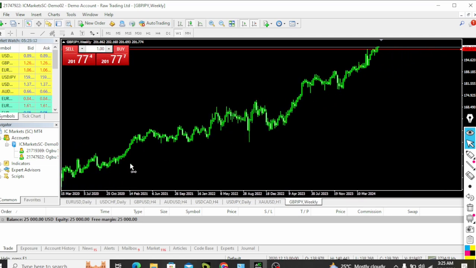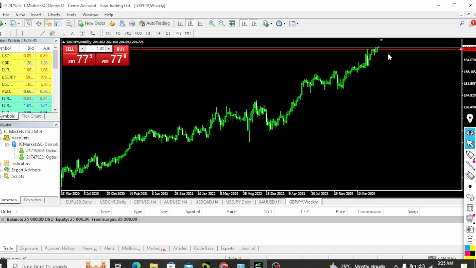The pair has been rising without stopping, and there is no end in sight. It continued to rise even into uncharted territories. That means bullishness is what the pair commands for now. It is very aggressively bullish, and as such we have to be thinking in that direction.